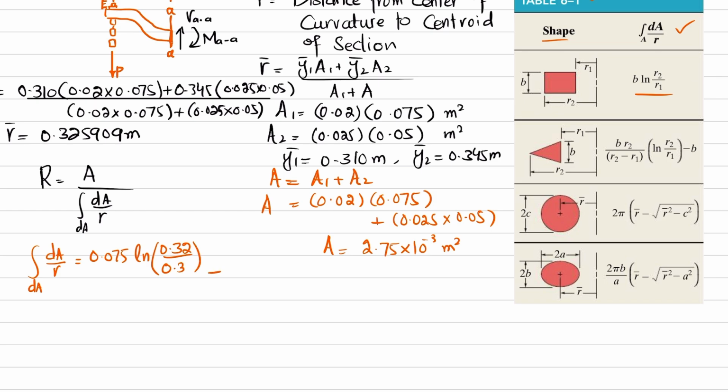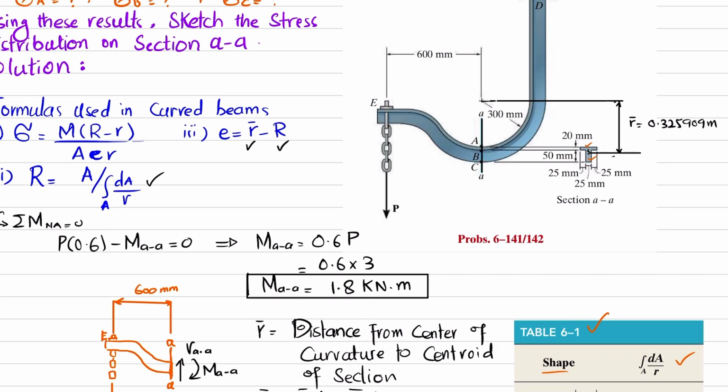Plus, now we have another rectangle, this rectangle. R1 will be this one, equal to 320 millimeter or 0.320, and R2 will be the distance from the center of curvature till here.